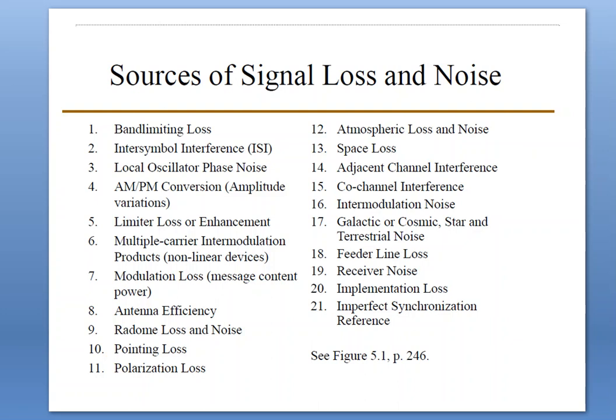Even in the absence of thermal noise, imperfect filtering, system bandwidth constraints, and fading channels lead to intersymbol interference degradation. It is the second source that generates loss and noise.